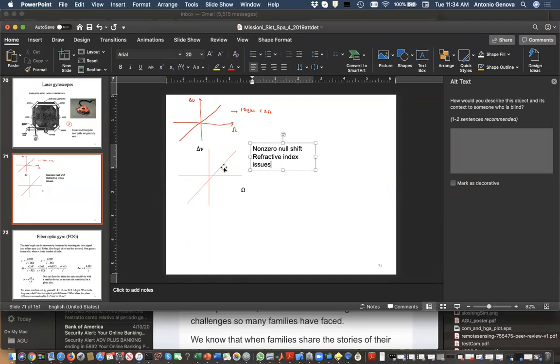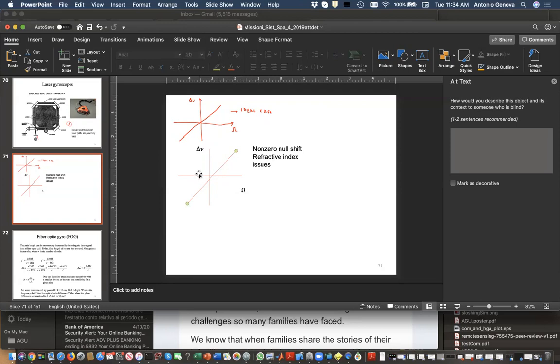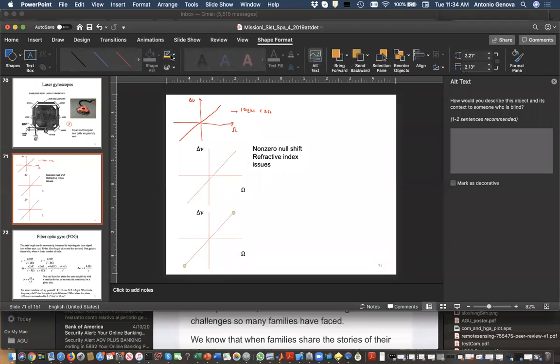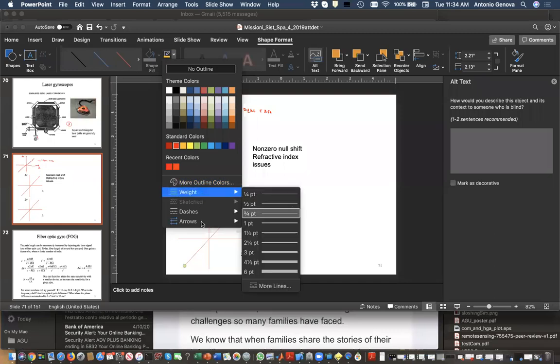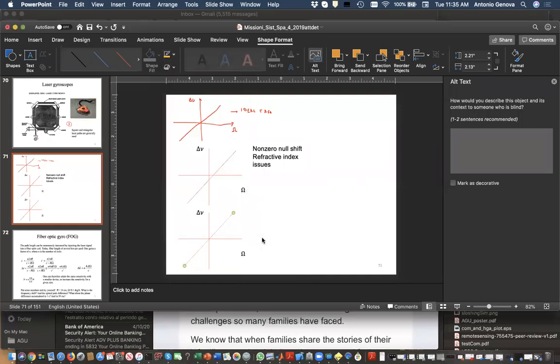The main problem of the ring laser gyroscope is called the lock-in problem. The lock-in problem is similar to this one, but in this case the dashed line will be the ideal case.